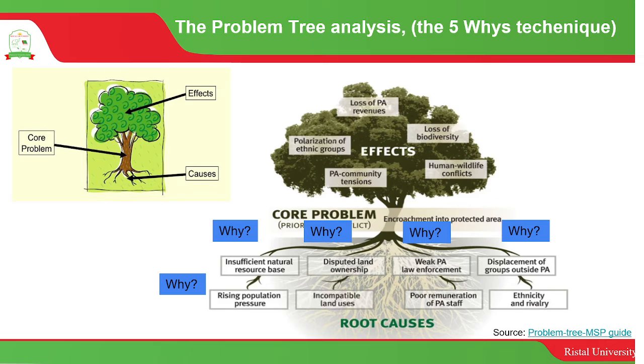So this is how we can use the problem tree analysis. I still repeat, what is important is to put your problem as the trunk, apply the five whys to the roots, and then you can look at the effects based on a sequence of occurrence of events.